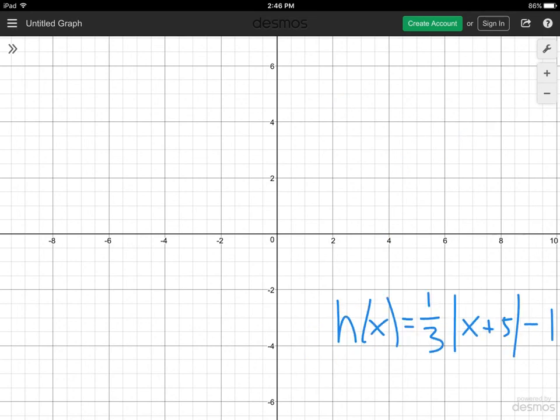So not only on this one is the vertex shifting a little bit, but I also have a different slope. So, I'm going to start with where the vertex is. And since it says x plus 5, that means we're going to the left 5 and then down 1. So then our vertex is right here.